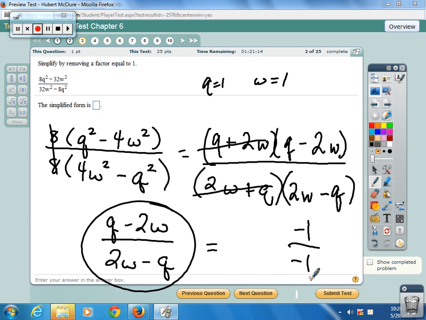Multiplicative identity, which doesn't change anything. But if you take this out, then you're multiplying by what? You're multiplying by 1 over -1, which changes everything. So you can't do that. I mean, you can, but it's not going to work. So, let me type that one in so we can feel good about ourselves.